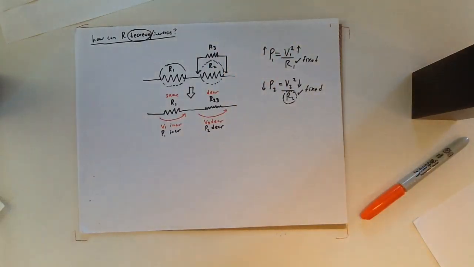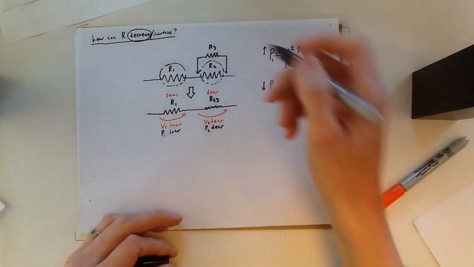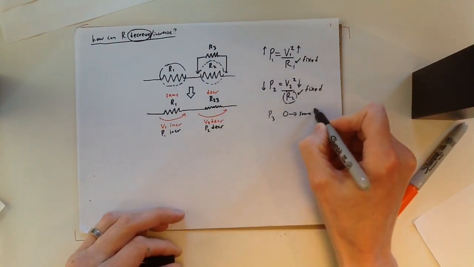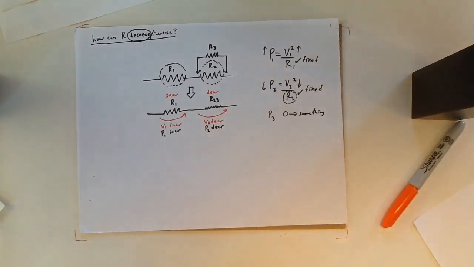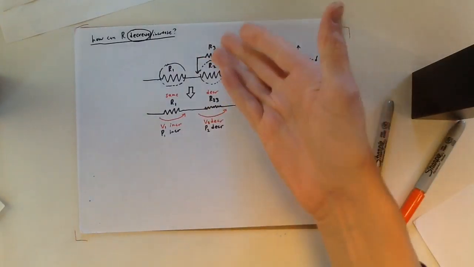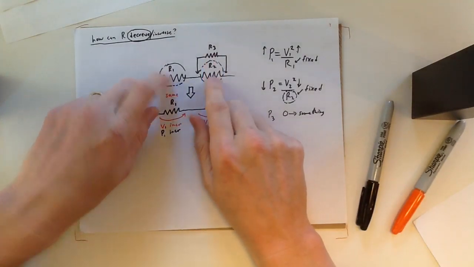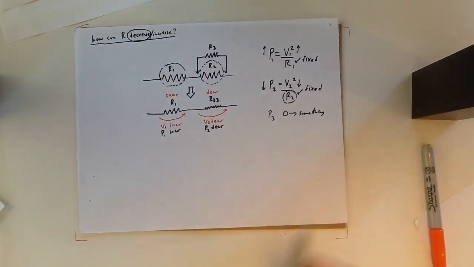So P3 is going to go from 0 to something, so that's going to increase, but that's kind of boring because of course it's going to increase. You're adding it to the circuit where it wasn't before. We're sort of interested in what's going on with the resistors that you had already in the circuit.